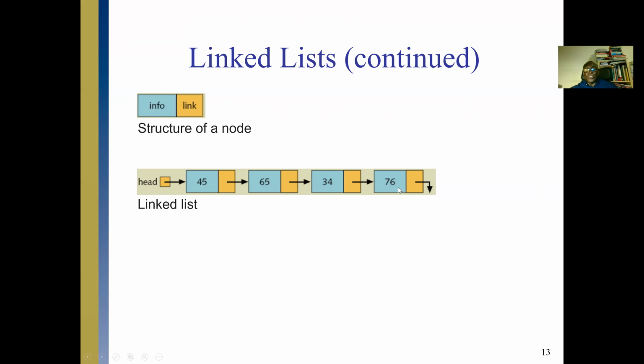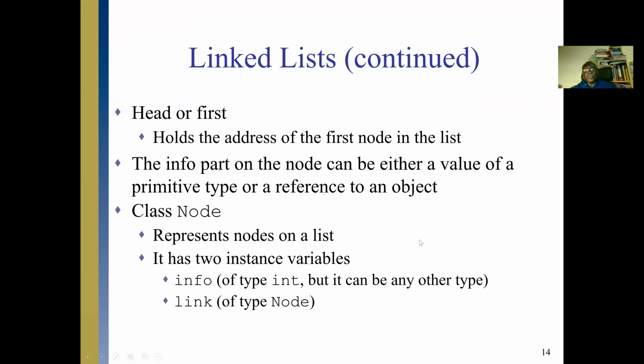The last node in the linked list always points to null. So the head or first is the first node in the linked list. It always holds the address of the first node.